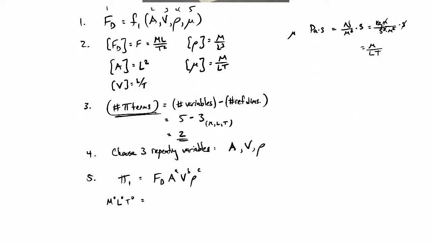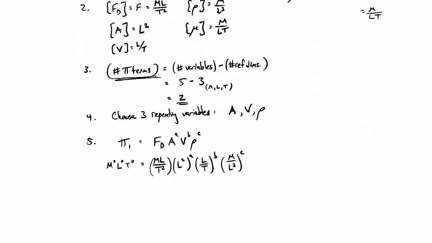The dimensions of the drag force term would be like mass, length over time squared. Area, of course, is length squared. That's raised to the A. Velocity is length over time raised to the B. Density is mass over length cubed raised to the C. So now what we'll do is we'll gather all the mass terms, length terms, and time terms separately.